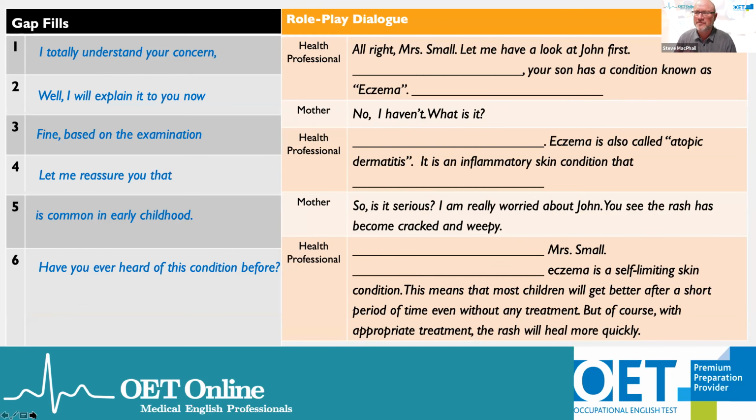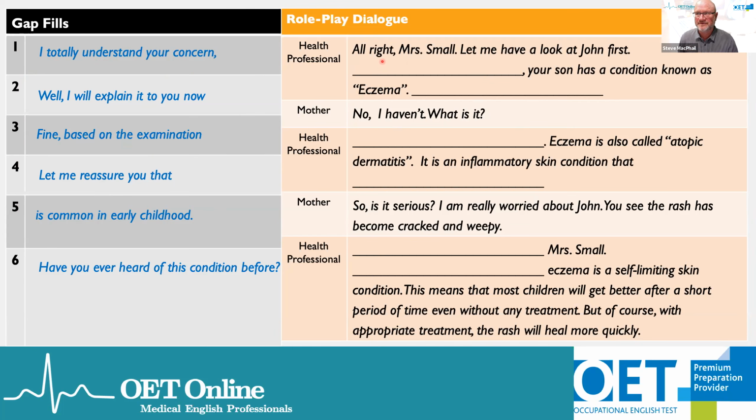And it's going to help you anticipate what that patient may ask you. So what I want you to do here, we're making this generic. It just says health professional. And I've got a little gap fill activity. On the left-hand side, you can see these gap fills and numbers, 1, 2, 3, 4, 5, 6, everyone. I want you to just type in the number for each gap as I call it out. You tell me what number it is, and we'll just fill the gap.